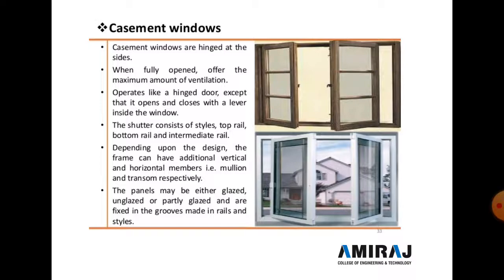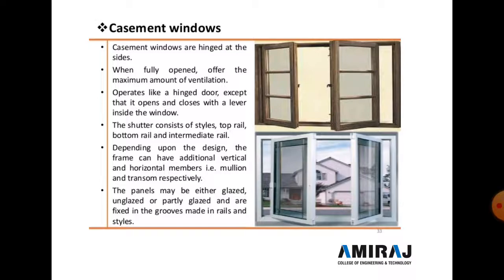So here it operates like a hinged door, except that it opens and closes the window with a lever inside the window. The shutter consists of a style, top rail, bottom rail and intermediate rail, and a stopper is provided on the top and bottom side.